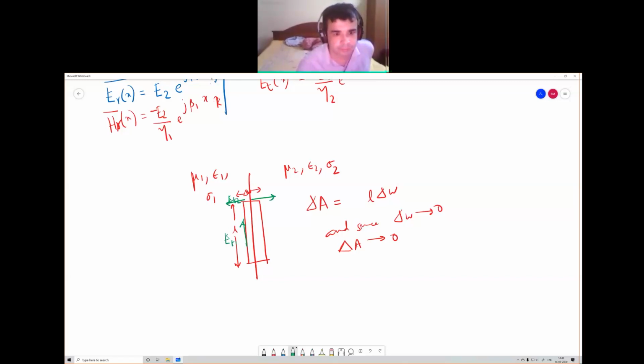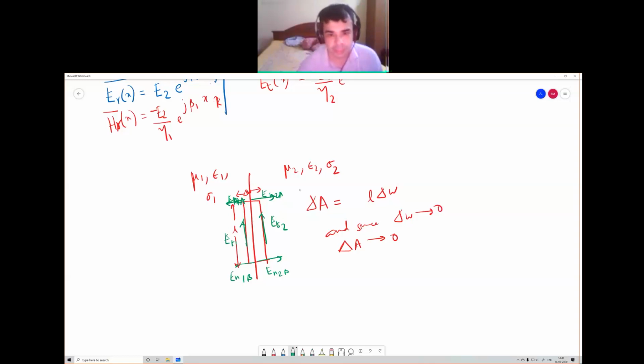Sorry, this is EN1A, this is EN1B, this is EN2B, and this is EN2A. And finally, this is ET. T is the tangential direction and N is the normal direction. Is it okay? So, do you understand the directions of the fields?